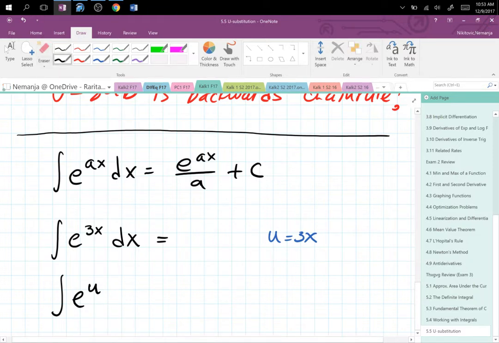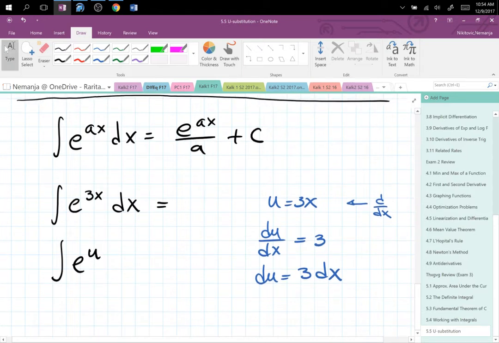But now, there's never free lunch, right? You have to differentiate this thing to get the relationship between dx and du. So as you differentiate this, you get du over dx is equal to 3, from where du is equal to 3 dx. That's the trouble right there. You don't have 3 dx.